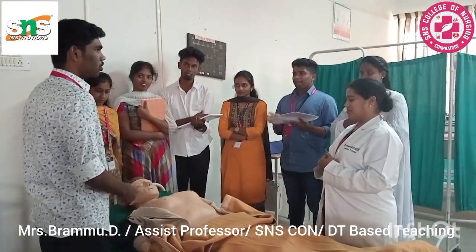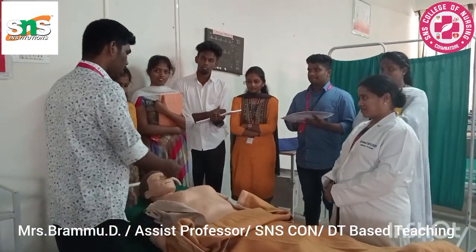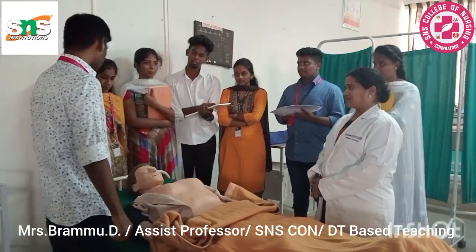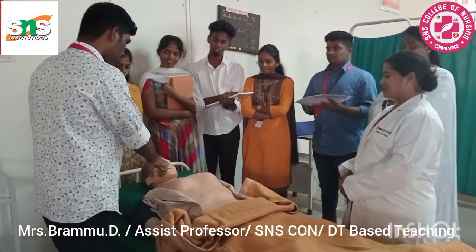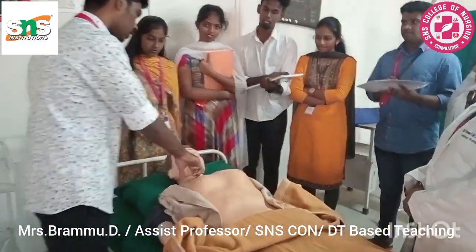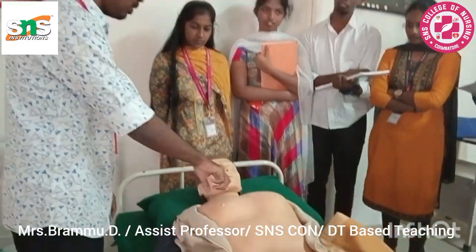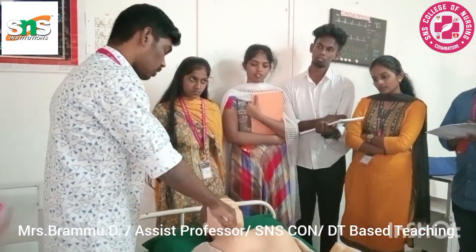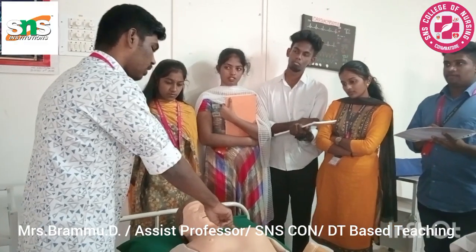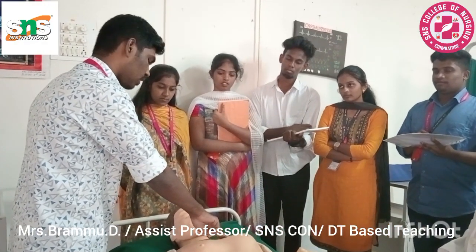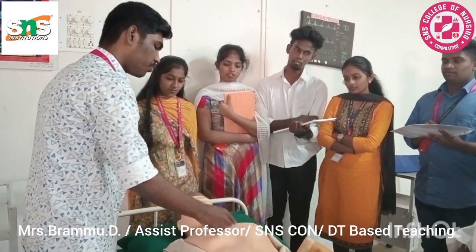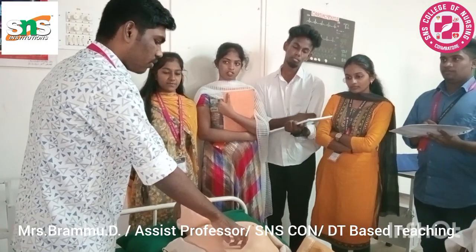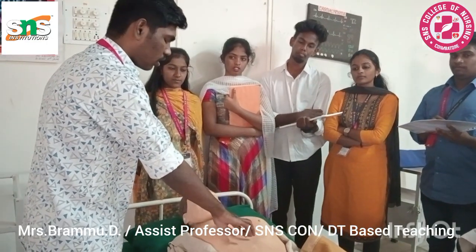There are 5 areas to assess to auscultate the chest heart sounds. First, the aortic valve is present in the second intercostal space on the right side. On the left side, the pulmonary valve is present in the second intercostal space, and the tricuspid valve is present in the fourth intercostal space.